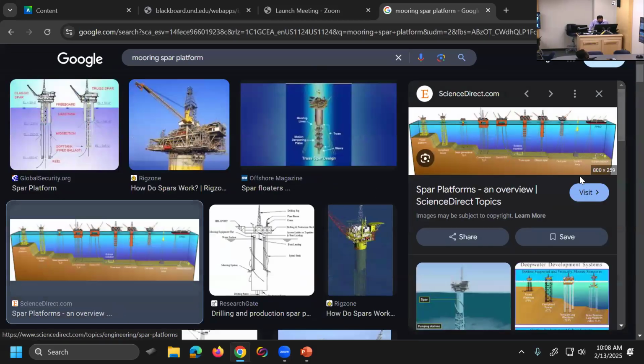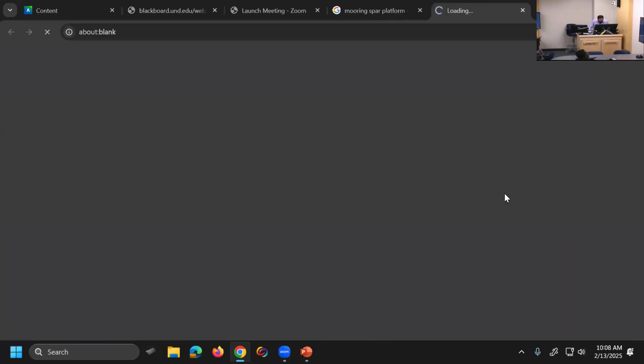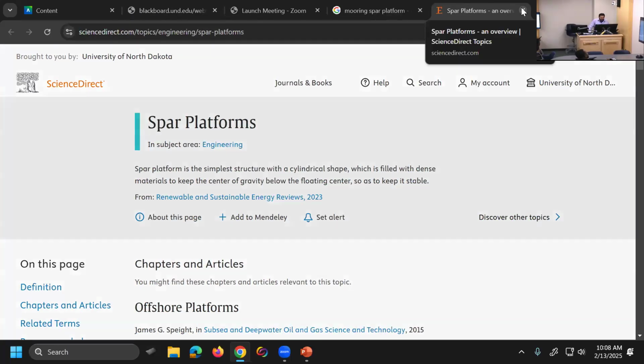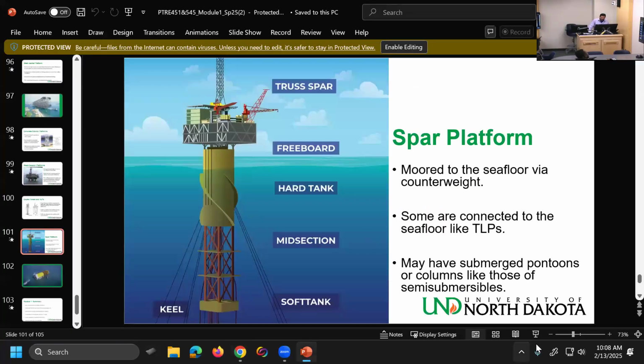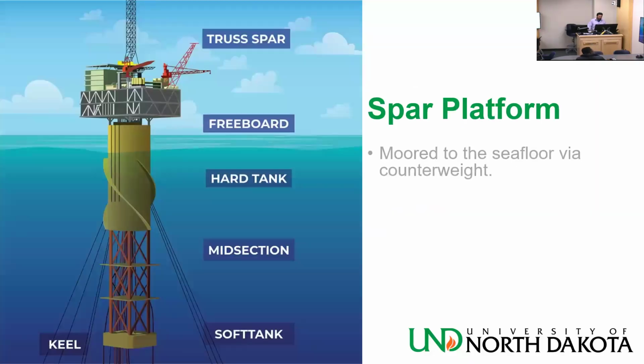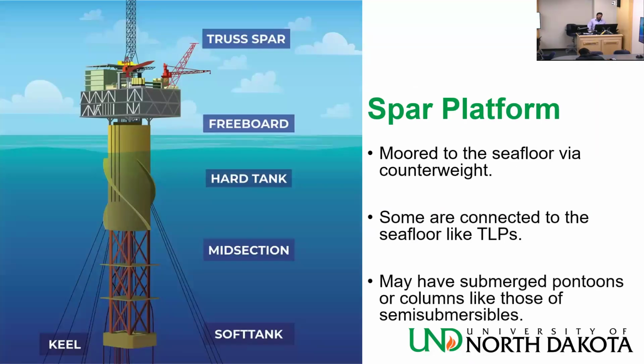This is a nice picture. Maybe I should have used it in the slides, but anyway, I will do it another time. Maybe next year, if we're still around. They may have submerged pontoons or columns like those of semi-submersibles. Yeah, it's what I said, you never have one type.